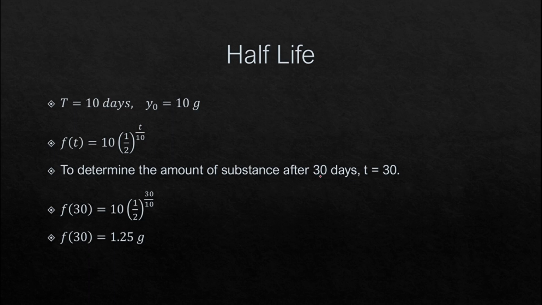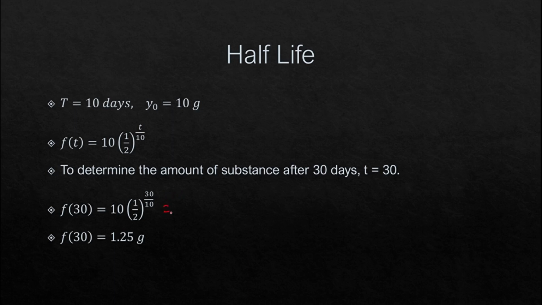Determine the amount of substance after 30 days. Substitute natin ang value t with 30, kasi t is the time. F of t is a function of time, so let's substitute t with 30. f of 30 equals 10 times 1/2 raised to the power of 30 over 10. 30 divided by 10 is 3.